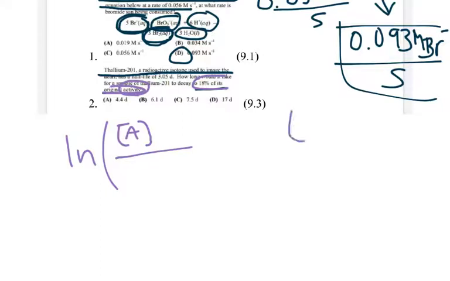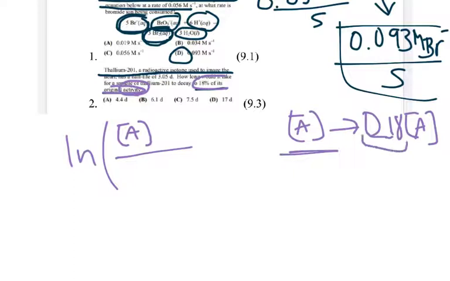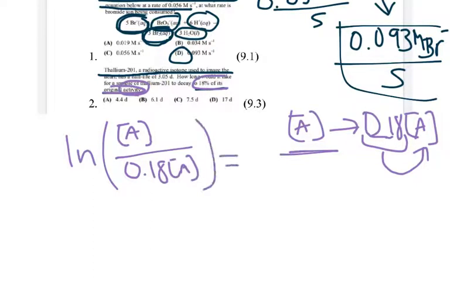So originally you had A, and after some time, you only had 0.18 of A. So you multiplied the original by 0.18 to get the new concentration, which is a lot less. So our new concentration or activity is going to be 0.18 A. And this is set equal to K times T.